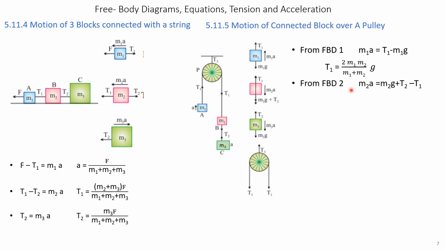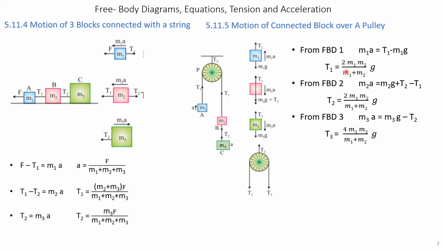So free body diagram of 2 is M2A equals M2G plus T2 minus T1, and tension T2 here is 2M1 M2 divided by M1 plus M2 into G. From free body diagram 3, M3A acting downwards is equal to M3G minus T2, and for the pulley T3 is equal to 4M1 M2 divided by M1 plus M2 into G.